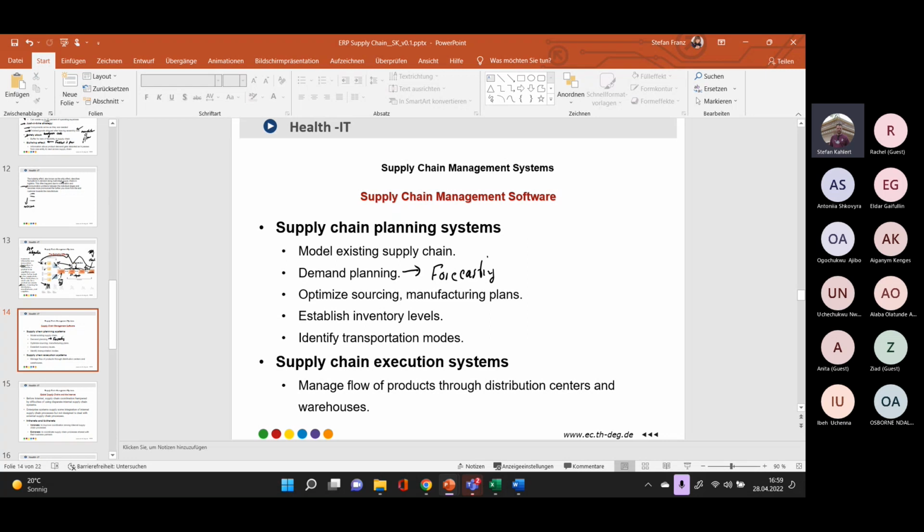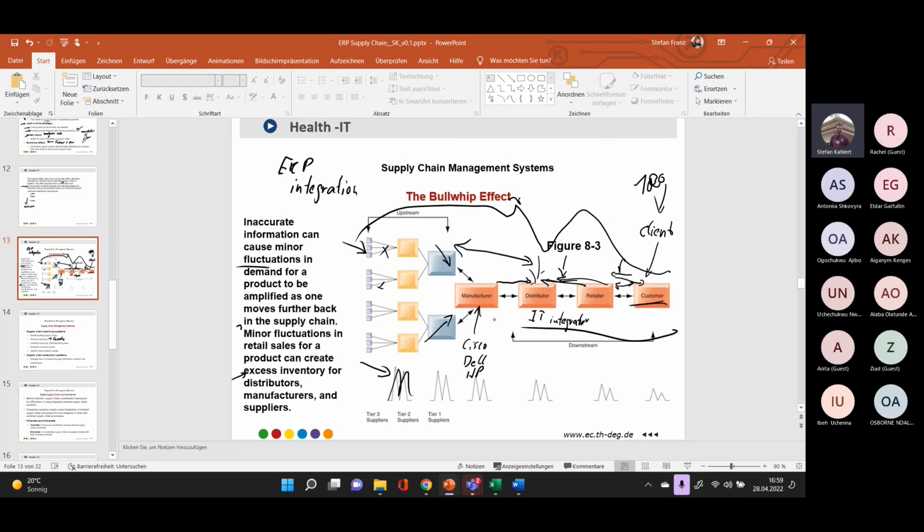When do you plan which project? Which products will you need? And then the clients tell you, okay, I need this and this with a probability of 50%. And then you have a number which you can put in the system, and across all the supply chain everyone gets the information about your forecast and has it also at the same time in the system, and then proper planning can be done.